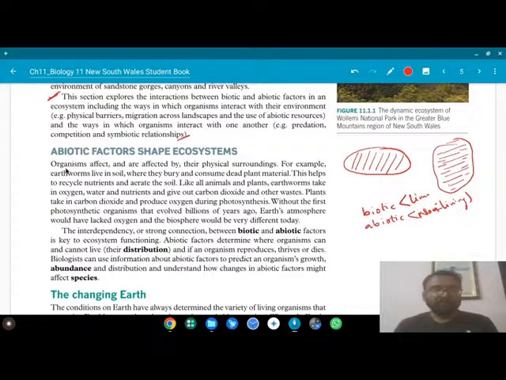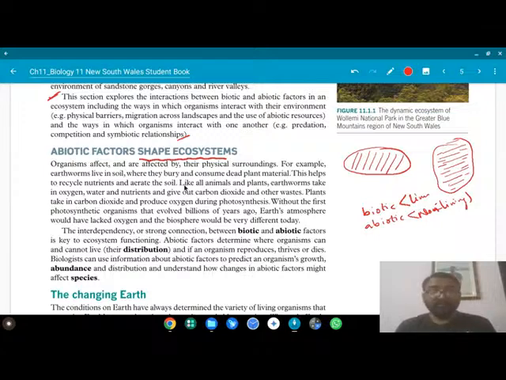So the abiotic factors shape the ecosystem. See, biotic degradation is possible, but abiotic degradation is not possible. That's a big problem. Organisms affect and are affected by their physical surroundings. For example, earthworms live in soil where they bury and consume dead plant materials. This helps recycle nutrients and aerate the soil.